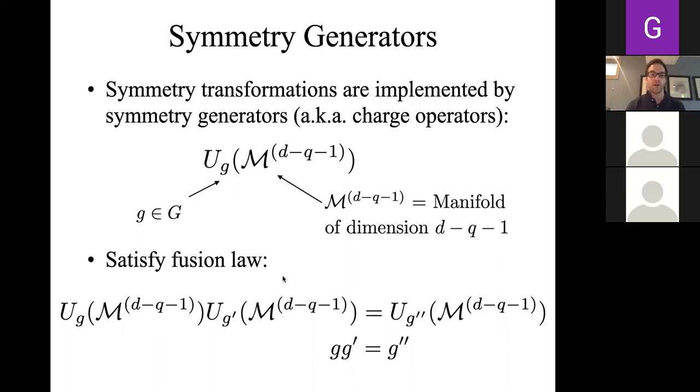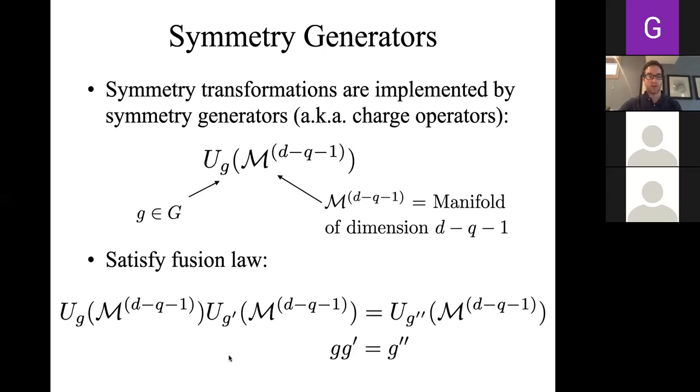In the modern view of global symmetries, symmetries are generated by operators, what are known either as symmetry generators, charge operators, or in some contexts, as Gukov-Witten operators. These operators are associated with an element of the group G, and they're supported on manifolds of dimension D minus Q minus 1. They satisfy a fusion law.